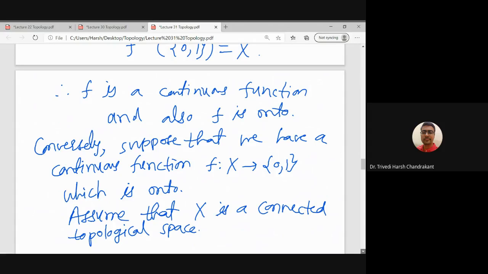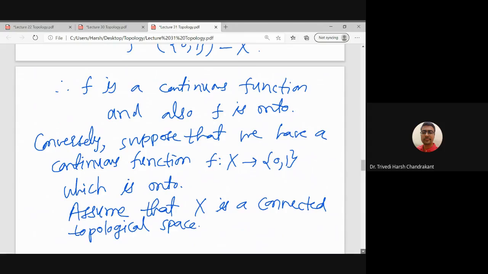The theorem which we proved previously says that if I have a continuous function defined on a connected space, then its image is a connected space. So what we get here is that the image is connected, and what is the image of this function f? Because it is an onto function, the image is the same as the codomain, and the codomain is {0, 1}.